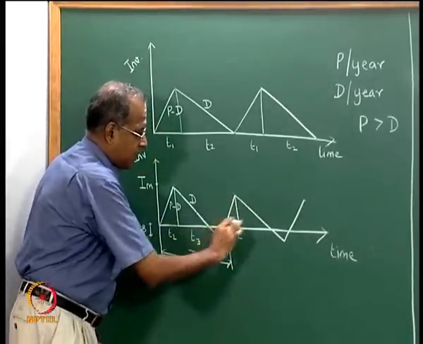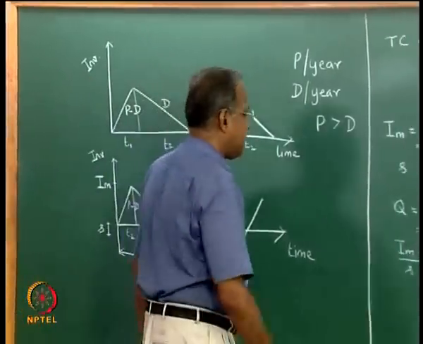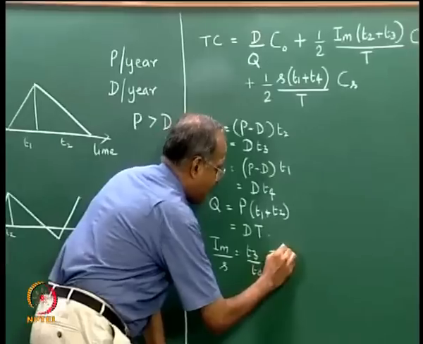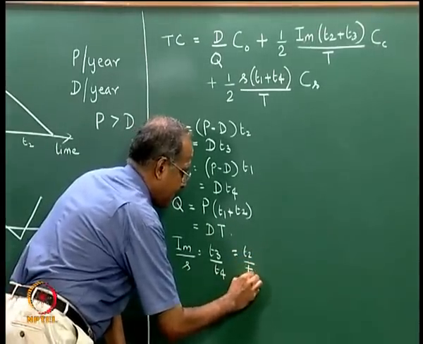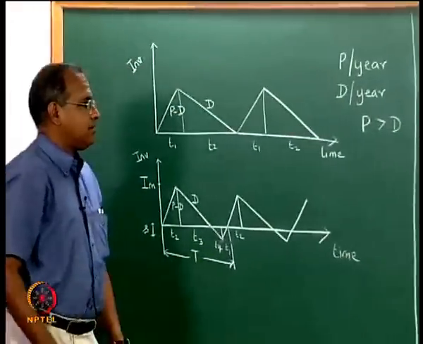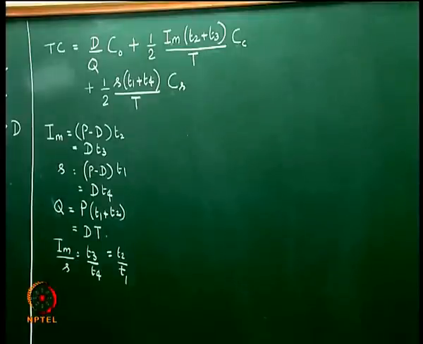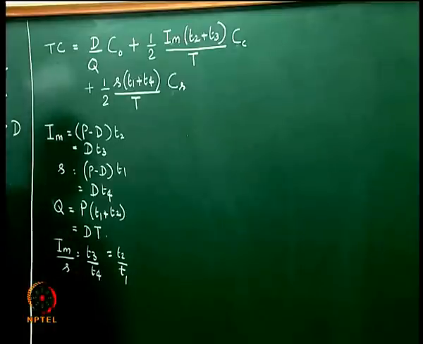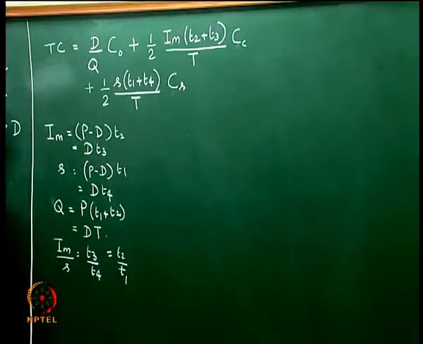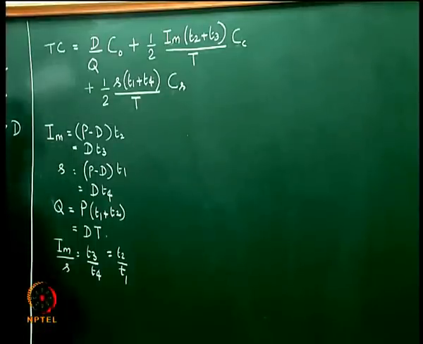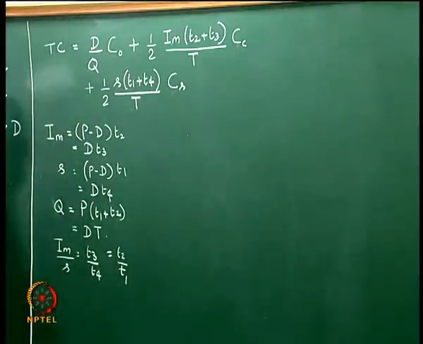So, once again from these similar triangles Im by S is equal to T2 by T1. Im by S is also equal to T2 by T1.